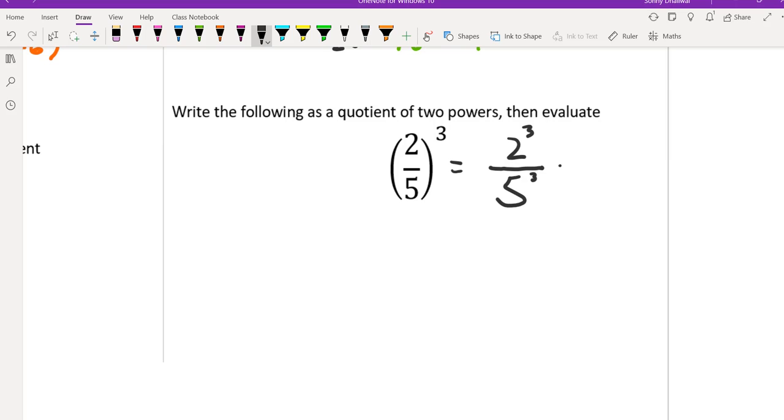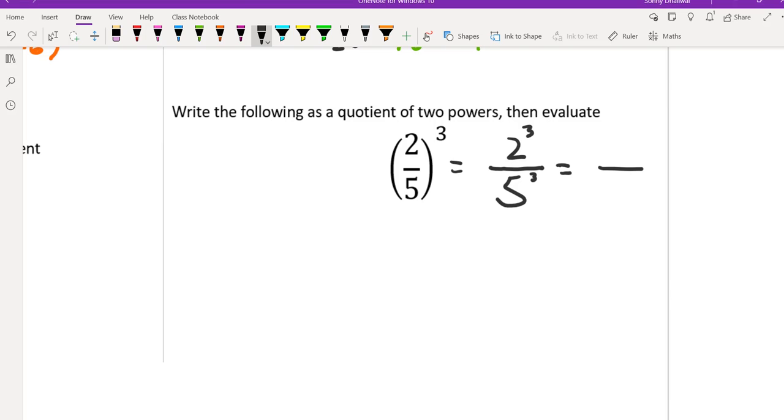All right. So now, the next part, evaluate. If you go straight into your calculator and start calculating this, it'll give you a decimal number. At this point in your math career, if we have a choice, we leave the answer as a fraction versus a decimal, because fractions are more accurate than decimals, because with decimals we have to round. So if you're asked to evaluate a number like this, you take the power on the top and turn that into a number, and that becomes your numerator.